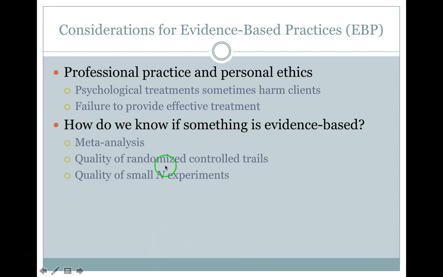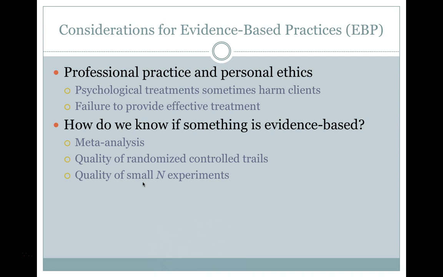Again, for meta-analyses, we want to make sure we're using randomized controlled trials, so we have a control group. But sometimes we have to do small N experiments. And what that means is you're using a small population, with individuals under 20 to 50 people. And when you're thinking about our population, for individuals with intellectual disability, this is important because there aren't a lot of people with intellectual disabilities in the overall population.